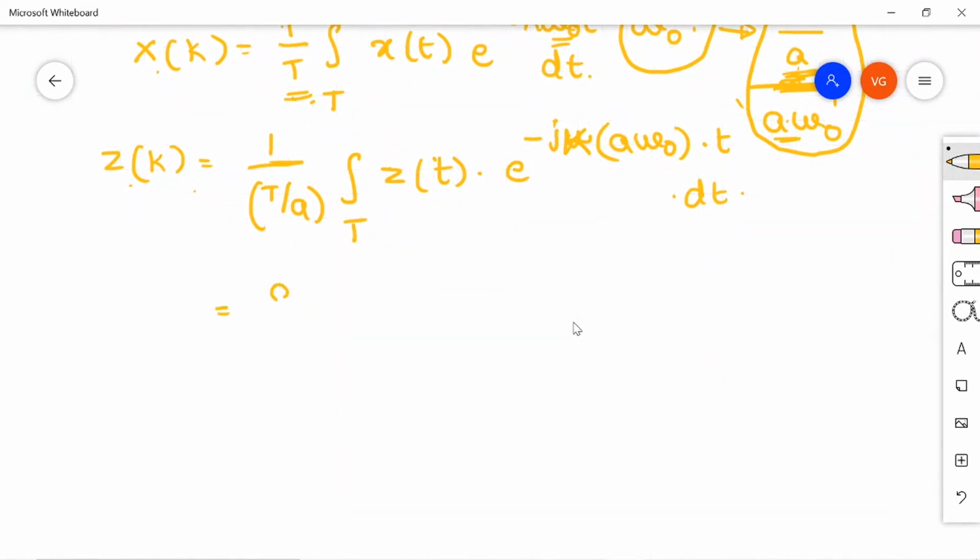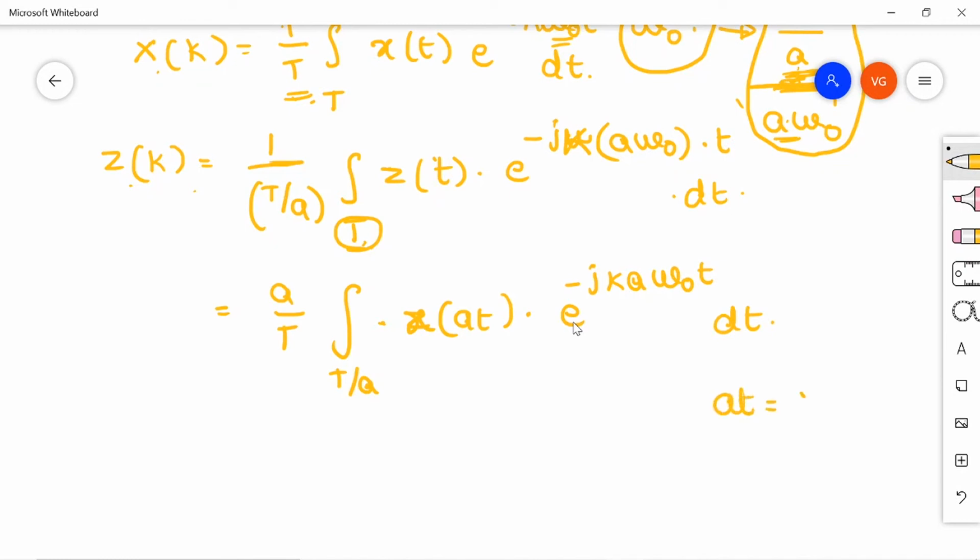This is nothing but a by T. Here also, over the time period, the fundamental time period is T by a, right? So z of t is nothing but x of a t, and this is e power minus j k a omega naught t dt, right? Now let us call a t equal to lambda.